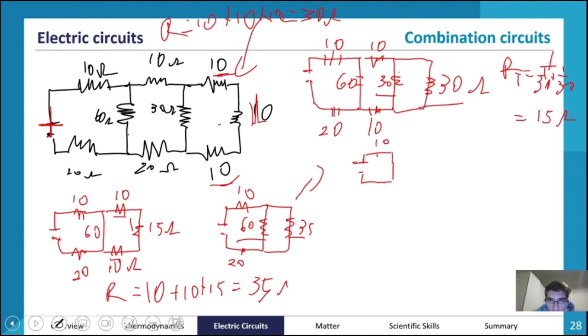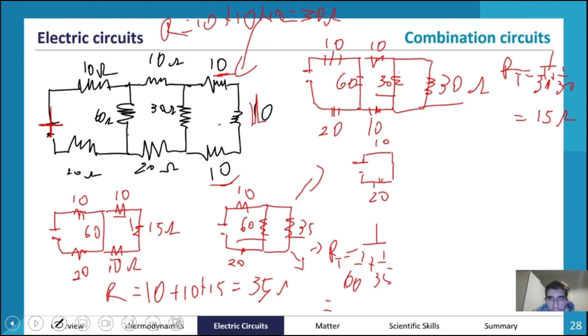You have 10 ohms at the top, 20 ohms at the bottom. What would be the total resistance there between the two parallel? It would be 1 on 1 on 60 plus 1 on 35.